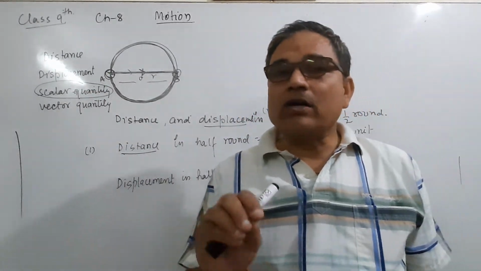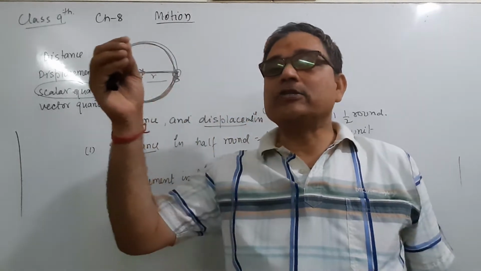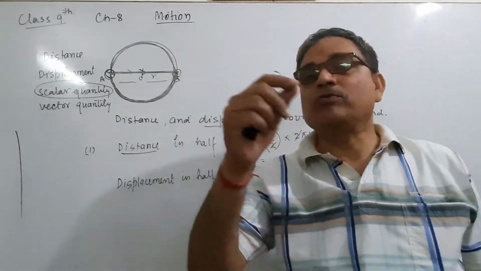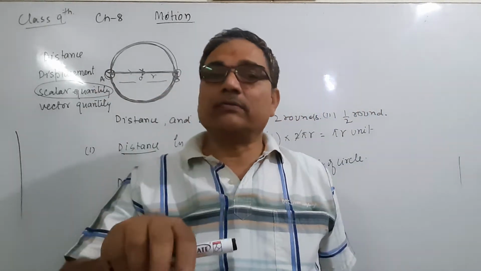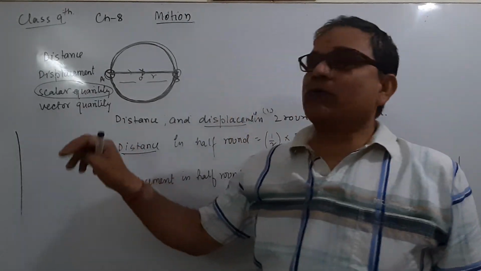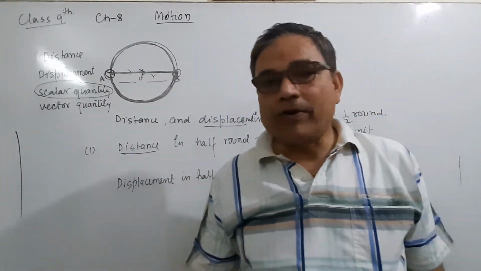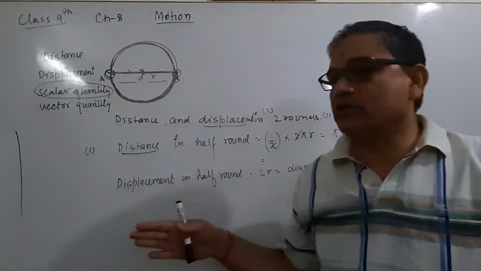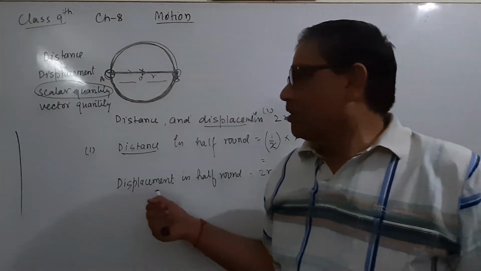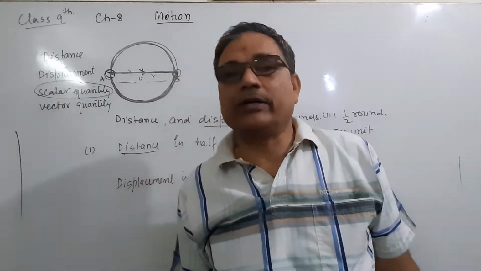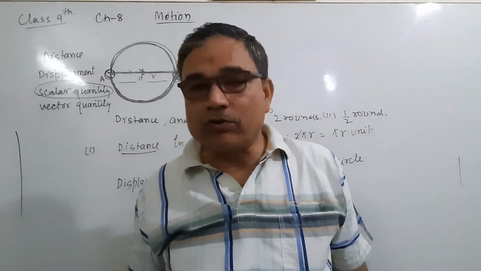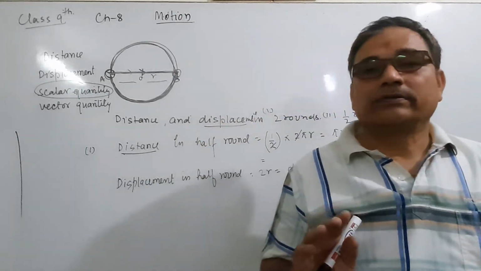Vector quantities are those physical quantities which have both magnitude as well as direction. It means they have numerical values with their direction. Examples of vector quantity are displacement, velocity, acceleration, force. Why are they called vector quantities? Because they have both magnitude as well as direction.